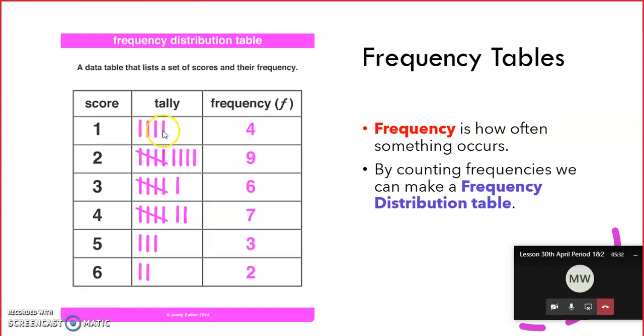Okay, so for example, if I have a frequency table, this data shows the score of a player, how much score he or she achieves.